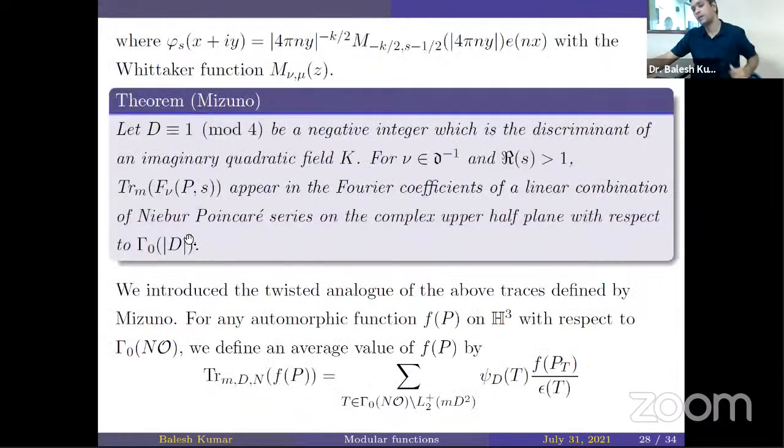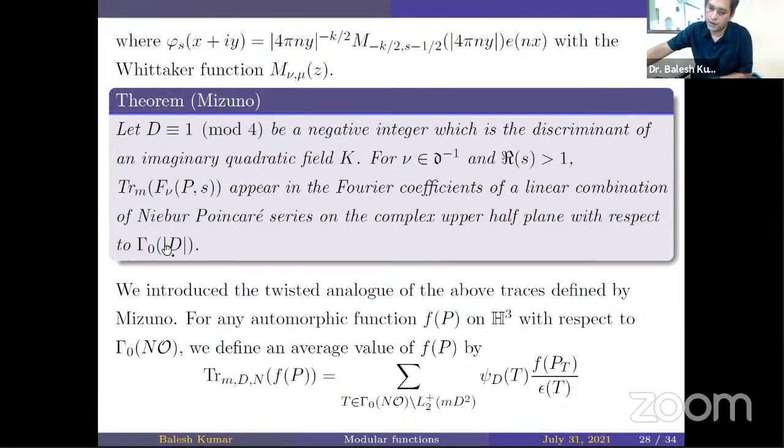So here, what he proved is that the Fourier coefficient of the Niebuhr-Poincare series on the complex upper half plane for the level gamma naught d is related with the Niebuhr-Poincare series on three-dimensional hyperbolic space corresponding to the level 1. So he proved that level D corresponds to level 1 in three-dimensional hyperbolic space, for the Bianchi modular group.